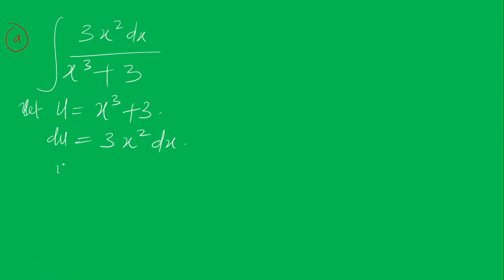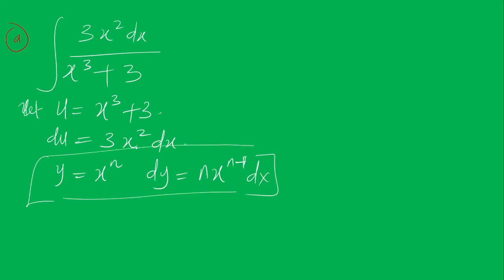If you have y is equal to x raised to power n, then dy is equal to n x raised to power n minus 1 dx. So this is the general expression, and that is how we got this. This expression is what we're going to be using when differentiating.